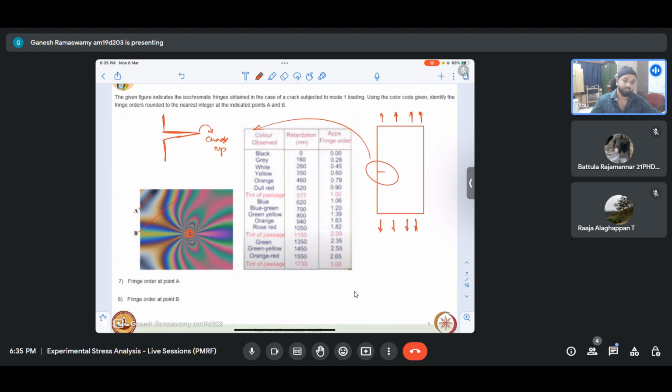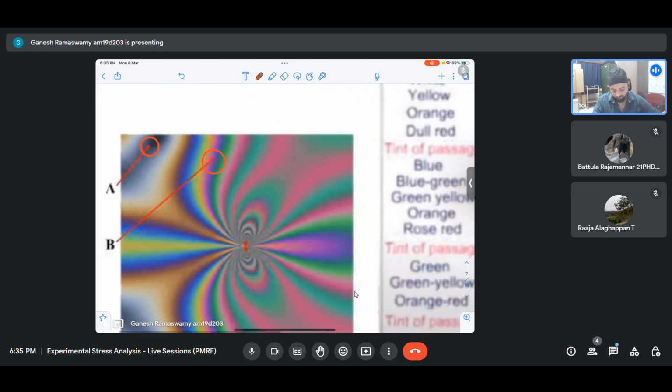One point is essentially here and the other is here. Using the color code given, identify the fringe orders rounded to the nearest integer at these 2 points, A and B. Now, if I zoom in, I'm able to see that at point A, wherever this is marked, my color is more or less black.